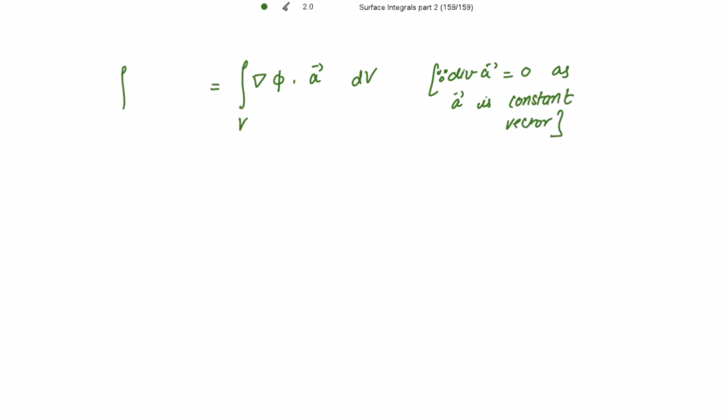Writing the left hand side also. Now this a vector with dot product can be taken outside of this integral. So this is a vector dot product with surface integral of phi n vector ds. This is one and the same thing. We can also write this integral as this.